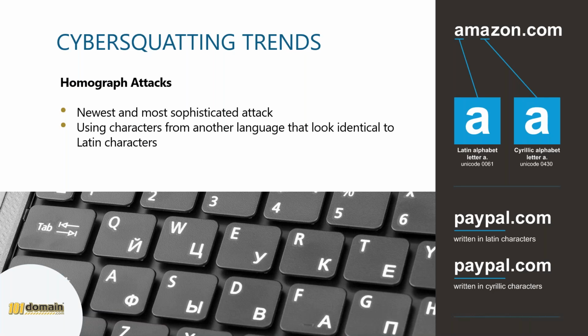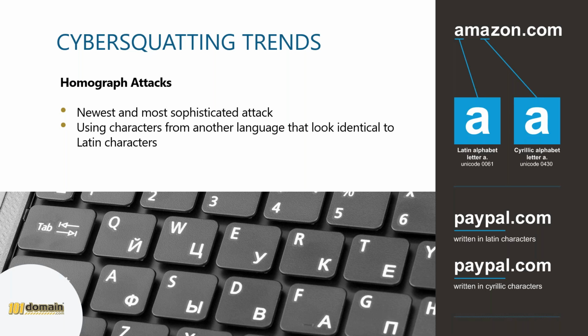Also, we've got homograph attacks, which are relatively new. And this is abuse of the characters in a domain name. So if you can see on the right-hand side, we have Amazon.com with 2 different A's. One of them is the Latin A, one of them is the Cyrillic A, and you really can't tell. Even when you're hovering over those links in your email, it could be difficult for you to tell, based on your computer's configuration, all sorts of things.